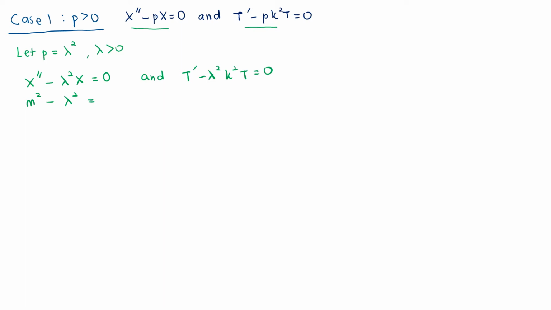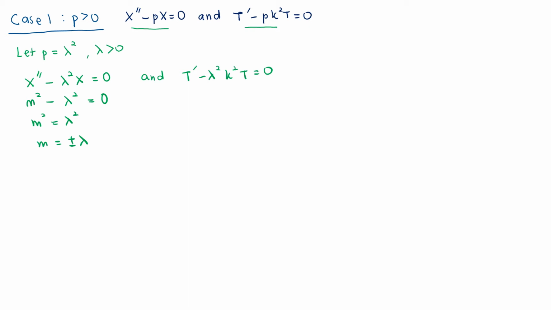So this will be equal to 0. So now we can solve m square, where m square is equal to lambda square, so m is equal to positive or negative lambda.